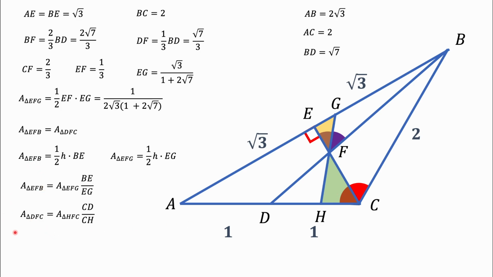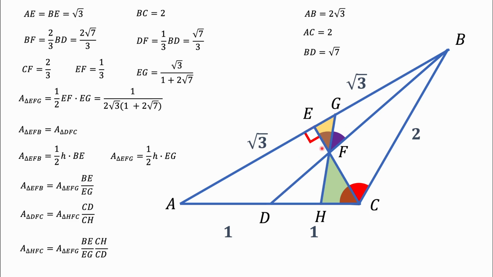And since the left-hand sides we're told are the same, the right-hand sides also have to be the same. And from that we can get the area of the green triangle HFC. On the right-hand side we know everything except for CH. But we can find CH using the angle bisector theorem in the same way as we found EG.